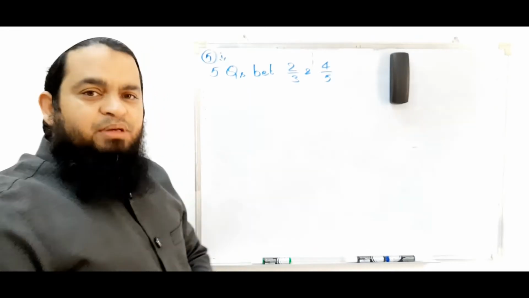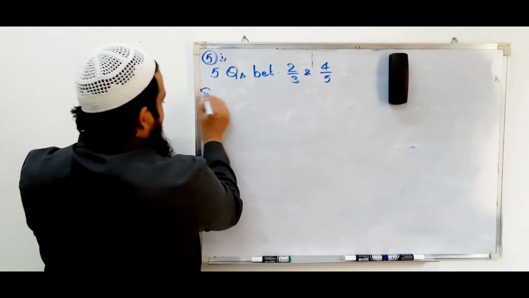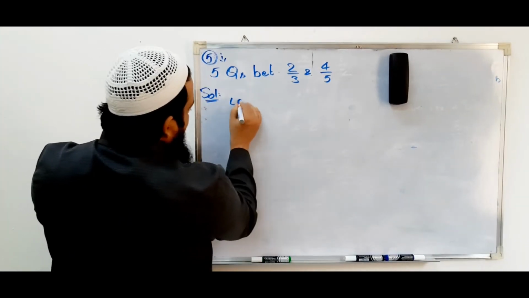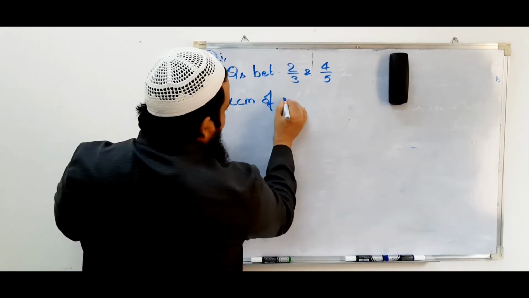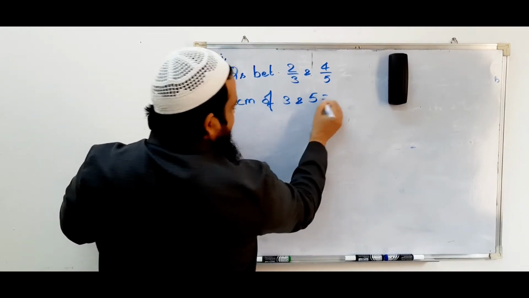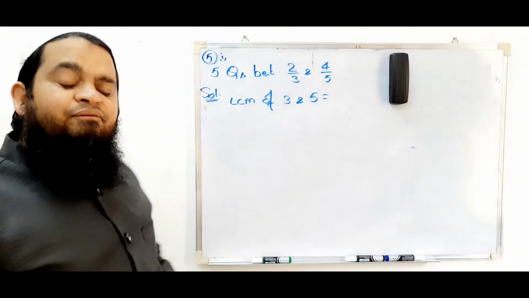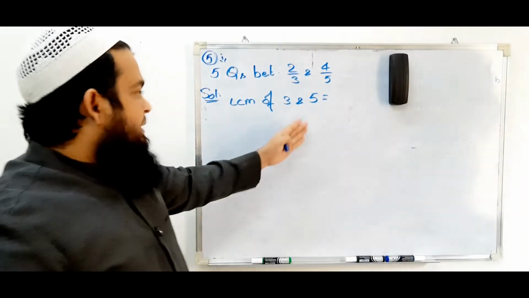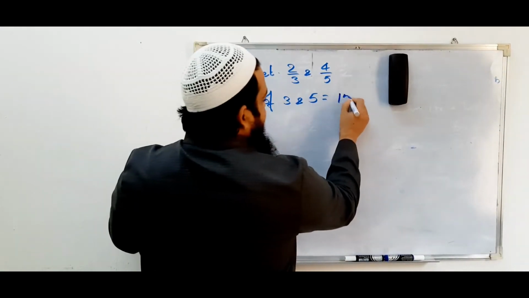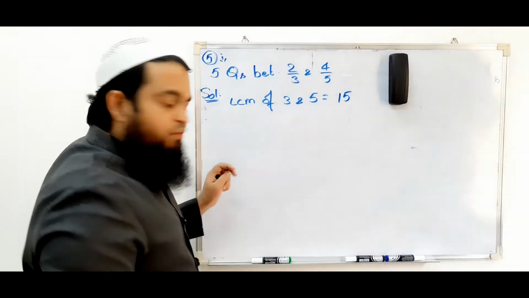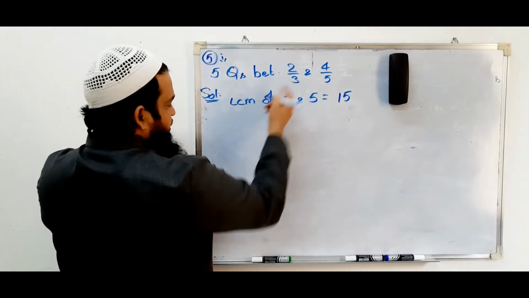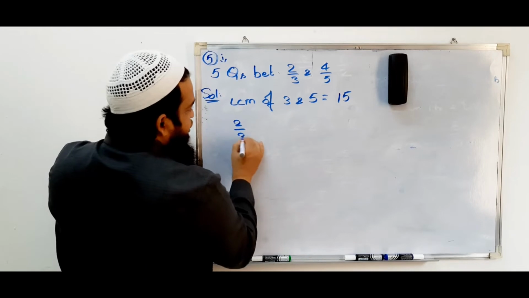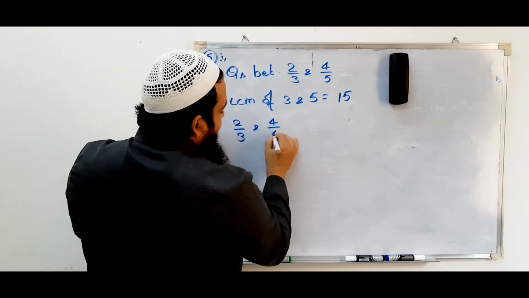LCM of 3 and 5. Since they are co-primes, we don't have a common factor, so 3 times 5 is 15. Now let us find the equivalent fractions for 2 by 3 and 4 by 5.